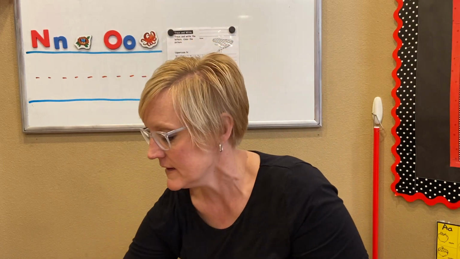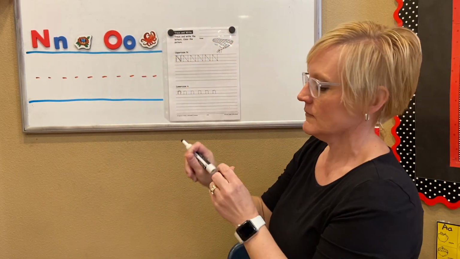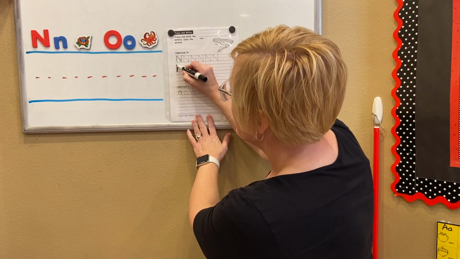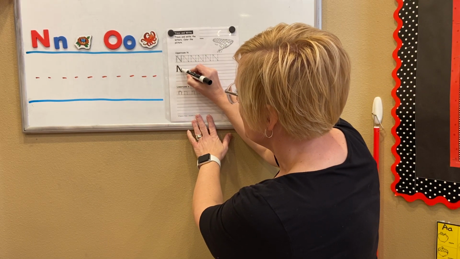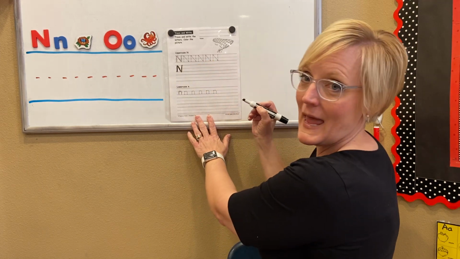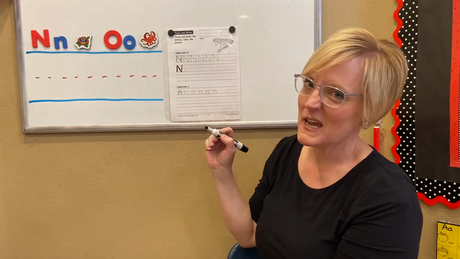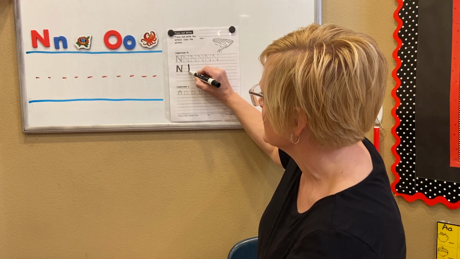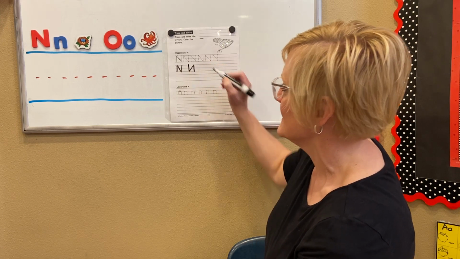When I write the letter N, I like to go up, slide down, back up, N. Lots of times we get confused if we go down first and then up and then down.